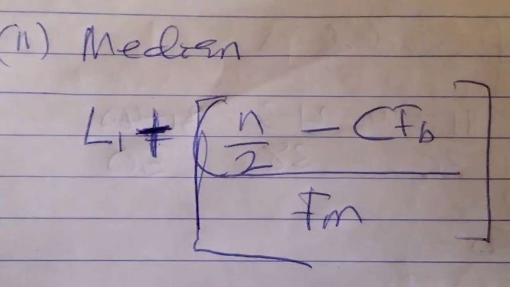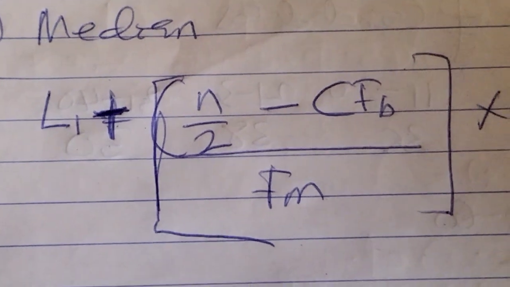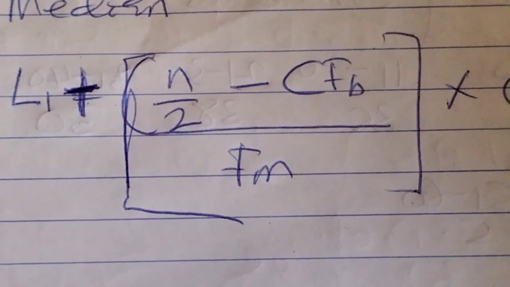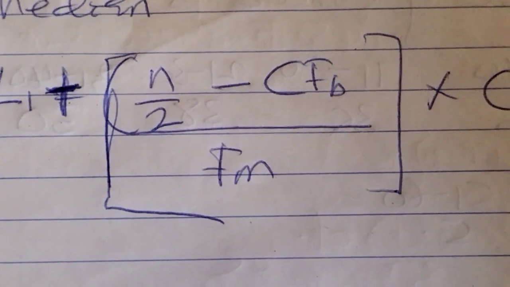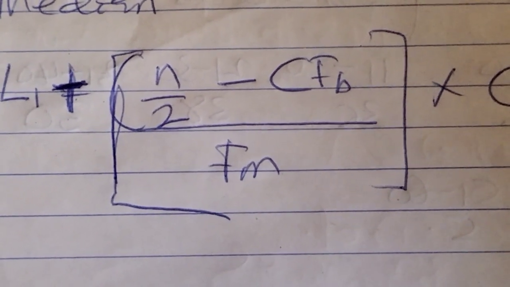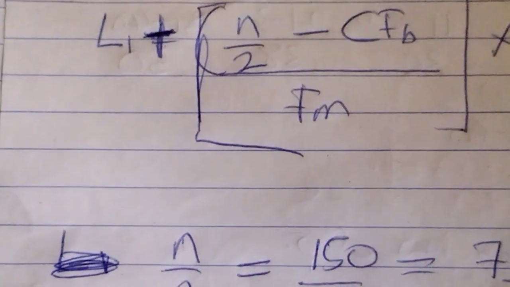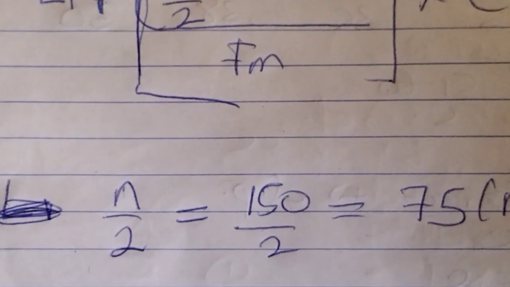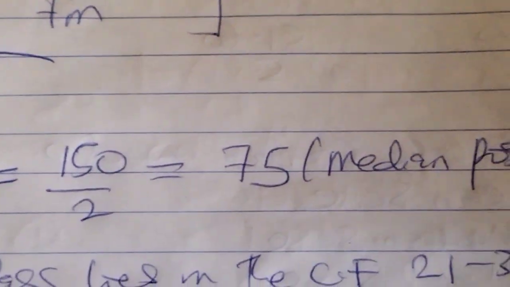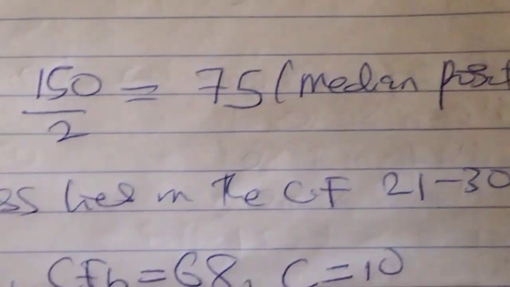For the median score, the formula is L1 plus bracket open N over 2 minus CFB all over FM bracket closes, multiplied by C. So N over 2 is the cumulative frequency over 2. So 150 is the cumulative frequency, over 2 gives us 75. And that is the median position.